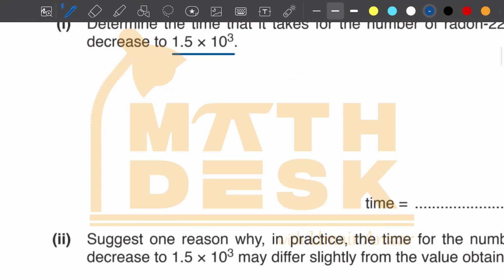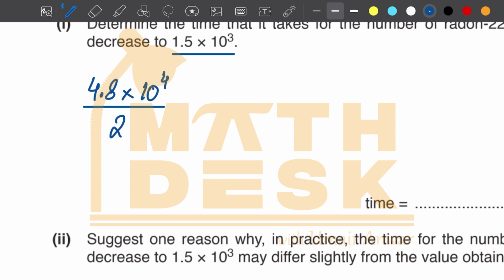Now, since the starting number for the radon atoms is 4.8 × 10^4, when a half-life passes, the remaining radioactive particles would be this number divided by 2.